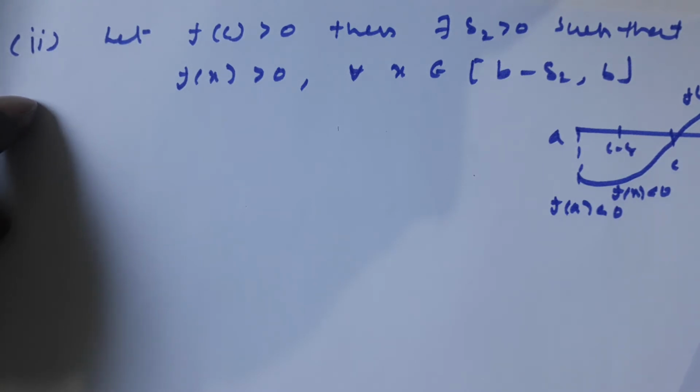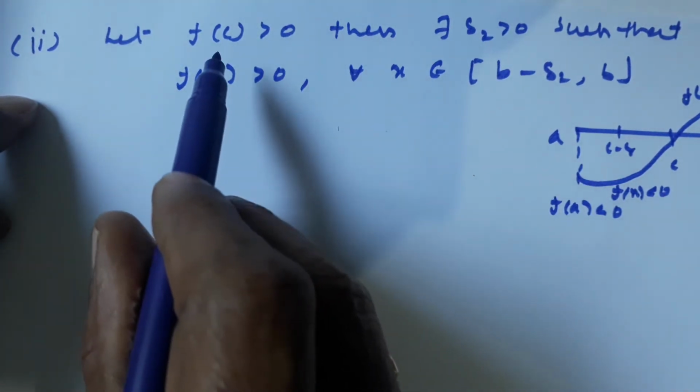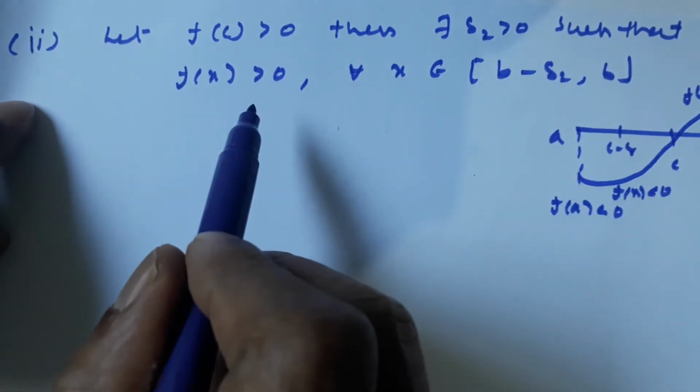Now if x belongs to B minus delta 2 comma B, then f of x keeps the same sign as f of C, so f of x is greater than 0.